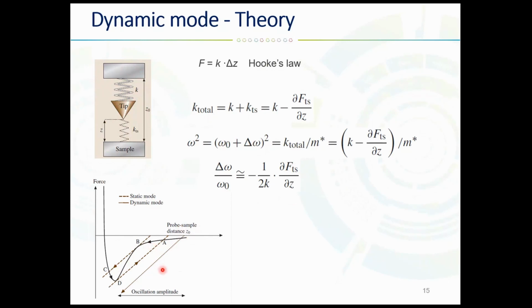The dashed line is where the force curve slope becomes larger than the spring constant of the cantilever, and then the tip will suddenly jump to position C from position B.